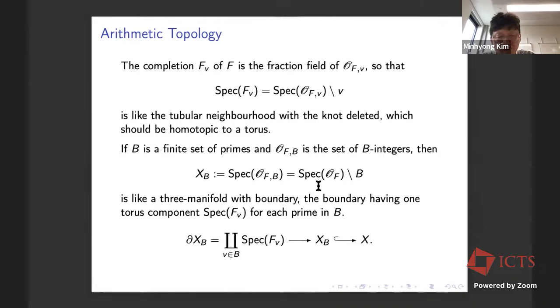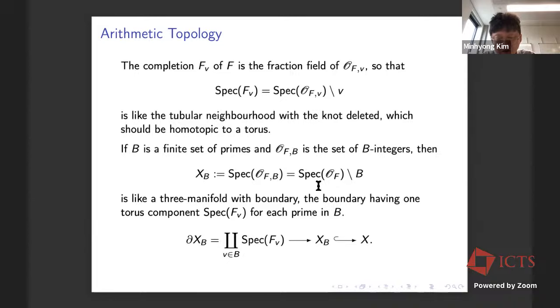So along this line of analogies, finally, if you take a finite set of primes and just remove it from the Spec of O_F, then that's like removing a bunch of knots out of a three-manifold. So that should be homotopic to a three-manifold with boundary.